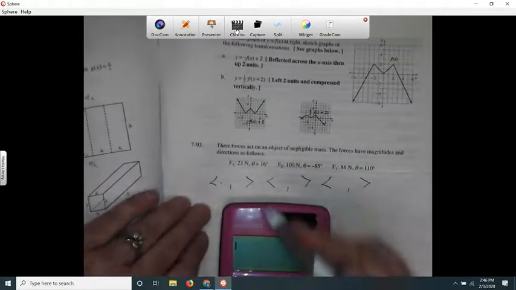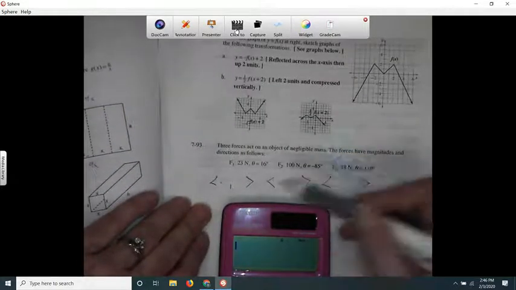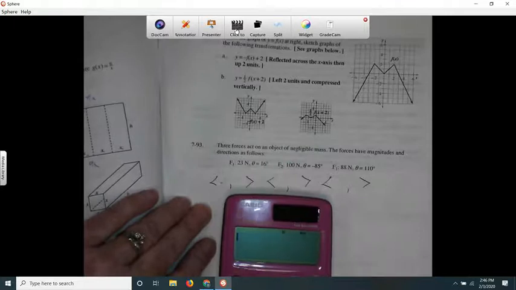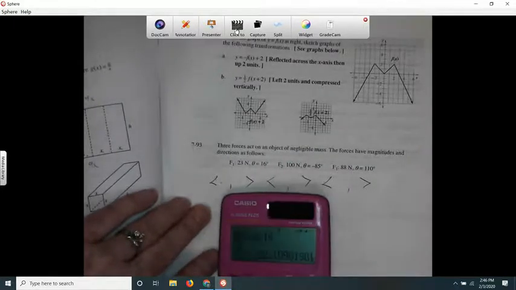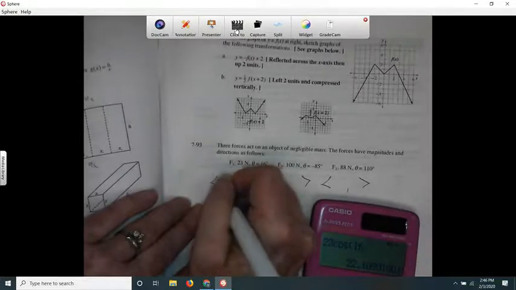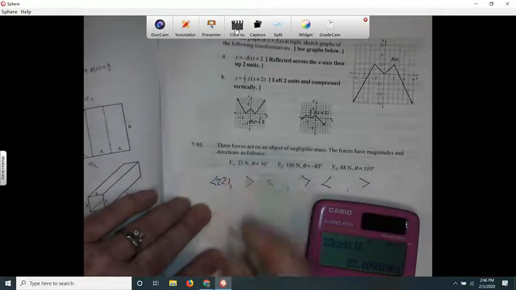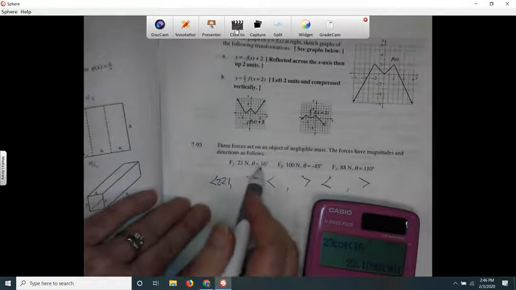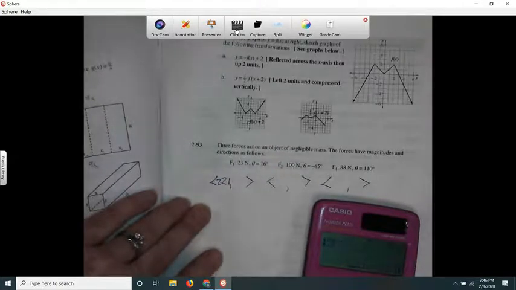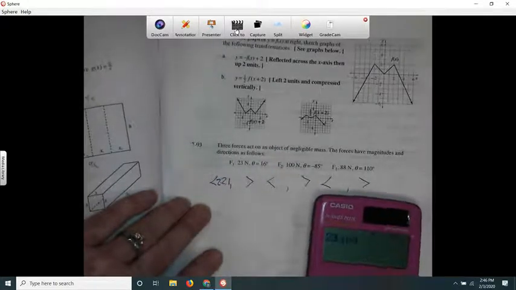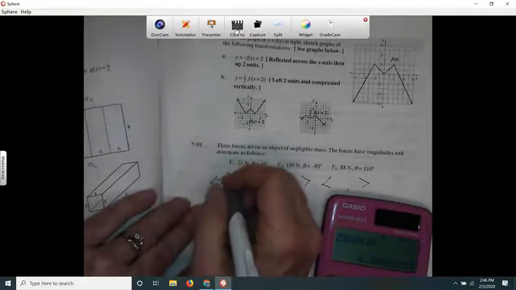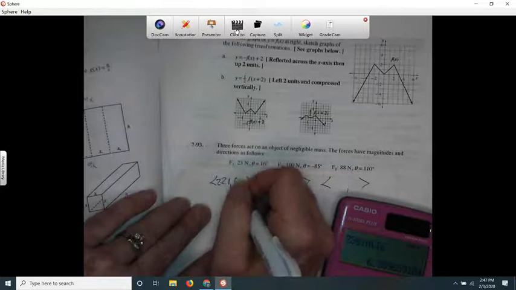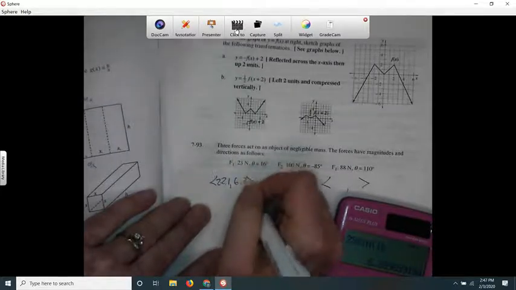Okay, so I'm just going to go 23 cosine of 16. It's going to give me this number. I'm going to do some rounding, and we're going to hope it works. 22.1. And then I'm going to do 23 sine 16, and I'm just going to round that to 1, because I'm kind of lazy.